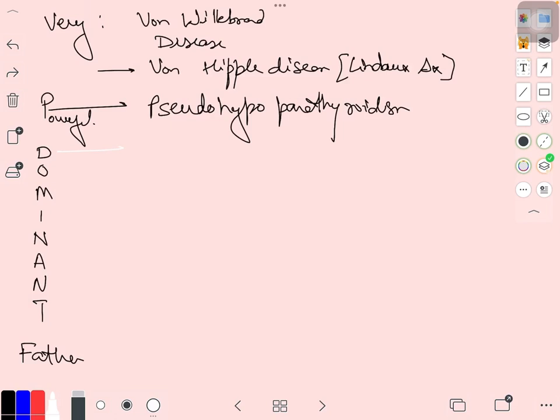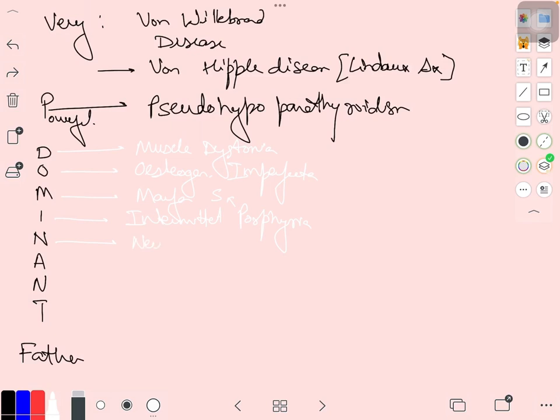So first is D. D is for dystonia, muscle dystonia. Second is O. O for osteogenesis imperfecta. Third is M. M for Marfan syndrome. I is for intermittent porphyria.